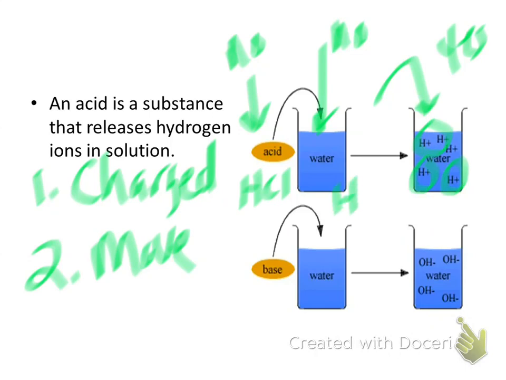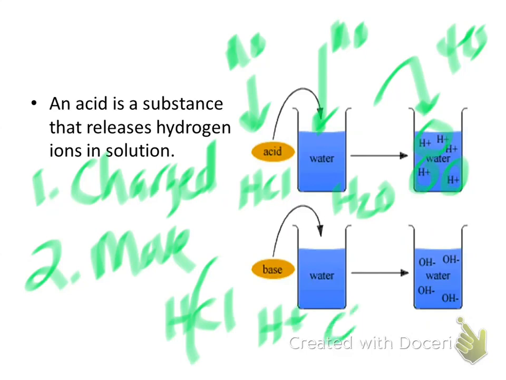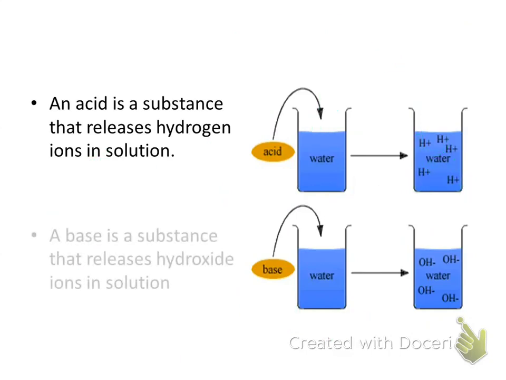Water is neutral. Again, the oxidation numbers of the hydrogen balance the oxidation number of the oxygen, so that's neutral also. But when you put them together, it's that dissociation. Water will dissociate the hydrogen and chlorine into their separate ions. Remember that process is called solvation.